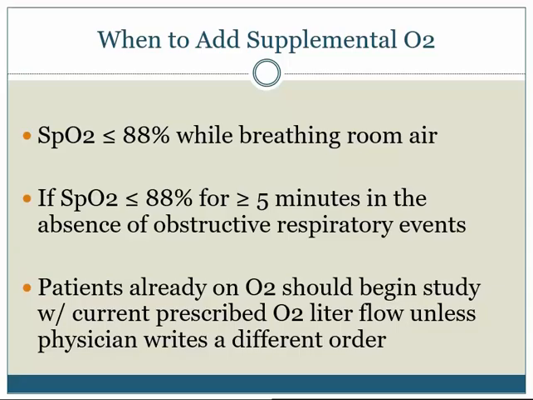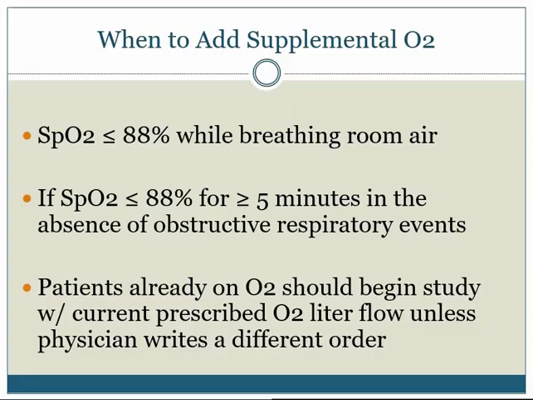If patients are on supplemental oxygen already, they're on home supplemental oxygen, they sleep with 2 liters at night, they use 2 liters during exertion and at night, then we need to keep the same for when they're in the sleep lab. They should be on their prescribed oxygen liter flow, unless you have a physician order that says to not use it.